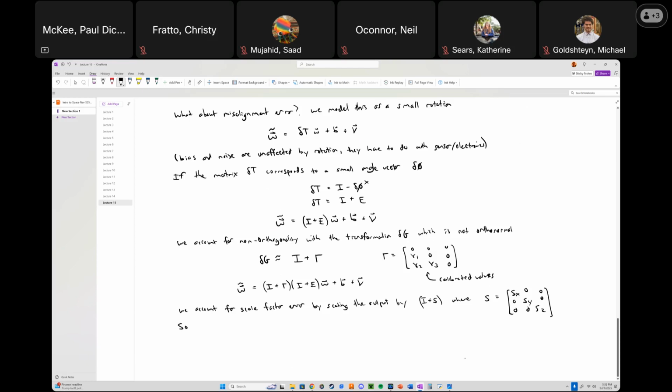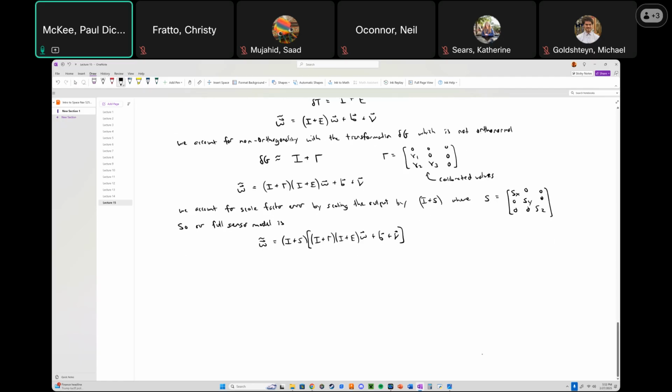Okay, so that brings our entire model. Our full sensor model is I plus S, and this actually would apply to everything. So this is a scale factor error on the measurement, which includes the bias and the noise. And then we would go through and say, okay, I plus gamma, I plus E, the truth, plus B, plus our new term.